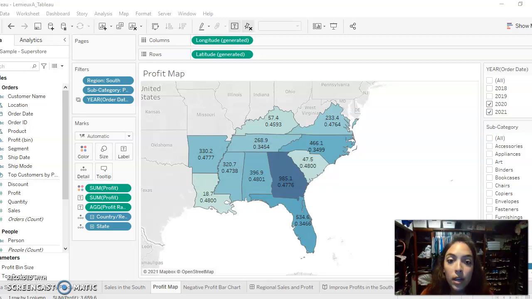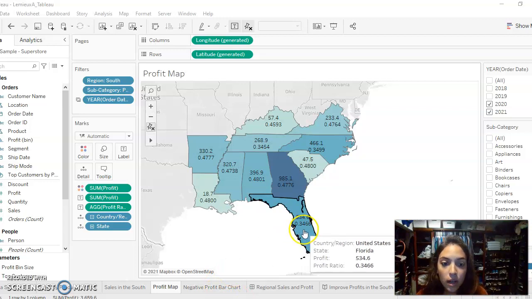So what we're looking at right here is the South region. Florida, as you can see, does have a positive profit and profit ratio. A good profit ratio is normally between 0.5% and 3.5%. So as we can see, a lot of the South regions are doing close to good, I would say.